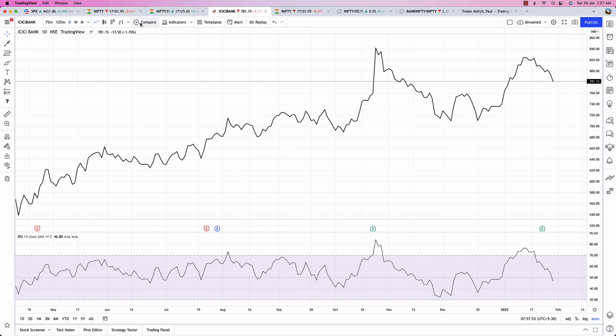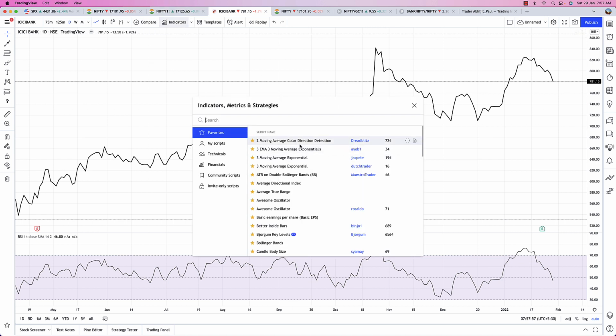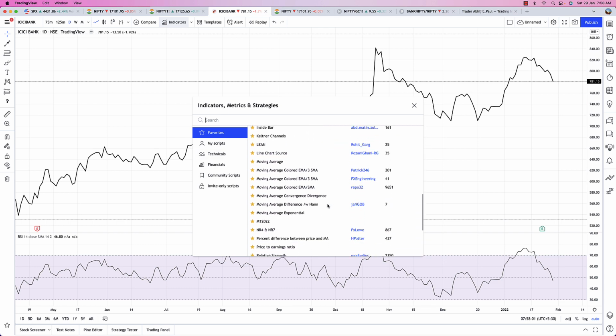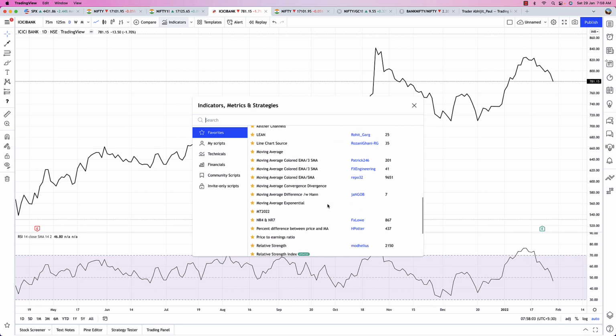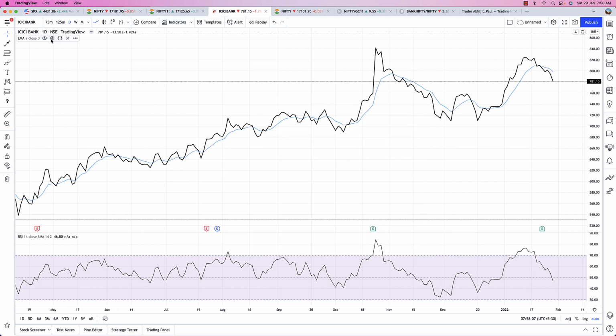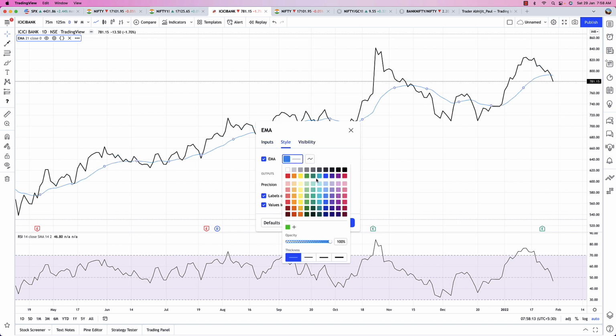So let's plot a moving average, an exponential moving average on the price, and let's say we choose 21 period, and give it a darker color and thickness.